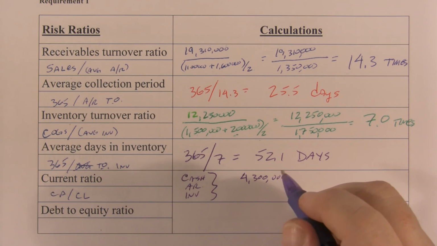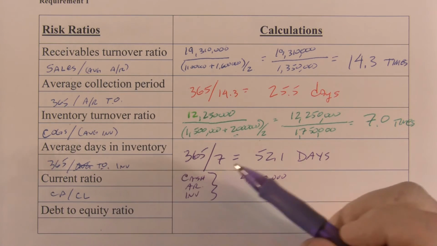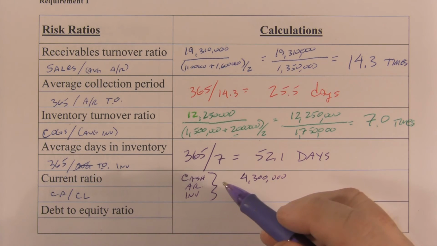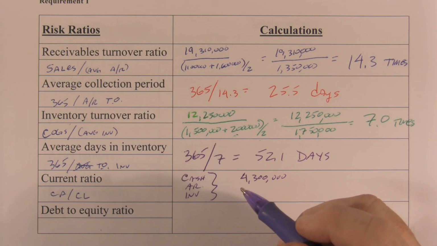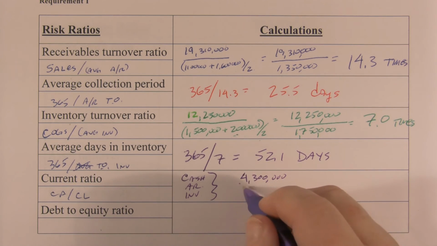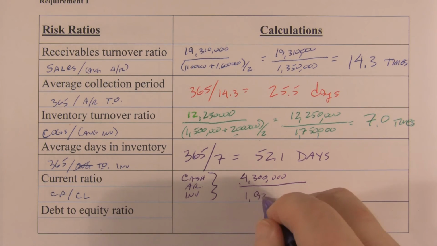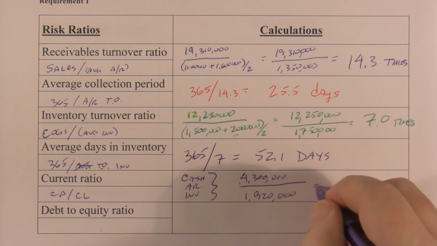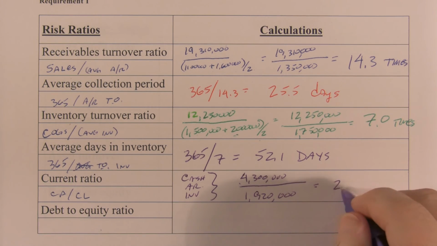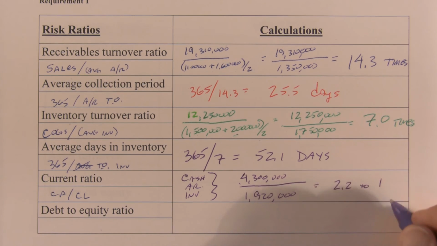And we're going to divide that by the current liabilities, the first line in the liability and equity section of the balance sheet, 1,920,000, and our ratio is 2.2 to 1. The way to interpret that is basically, for every dollar that comes in the door in bills, we have about $2.2 of current assets to pay that bill.